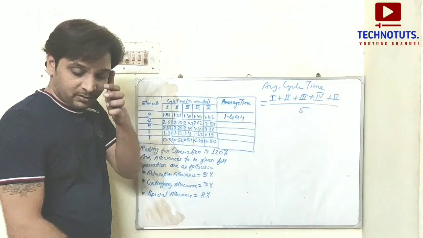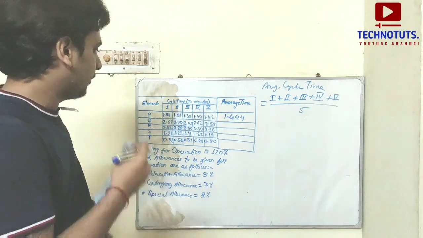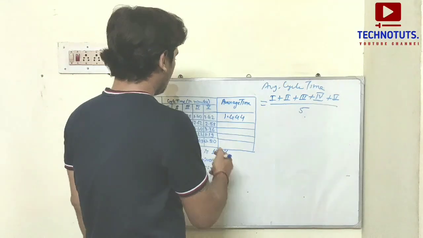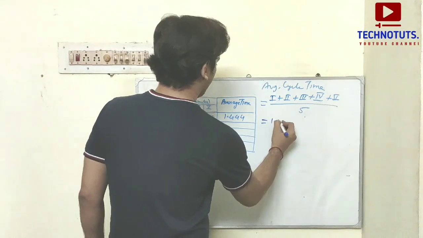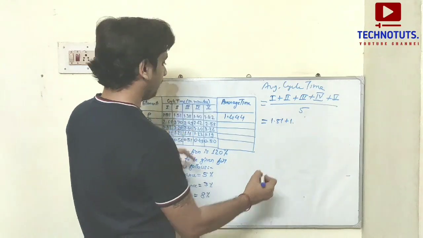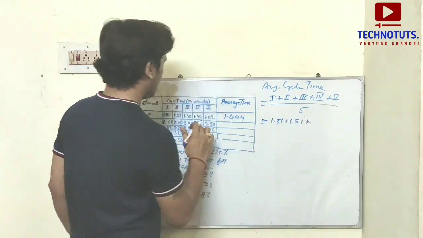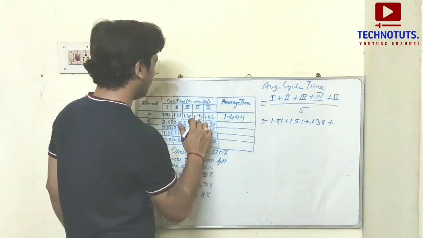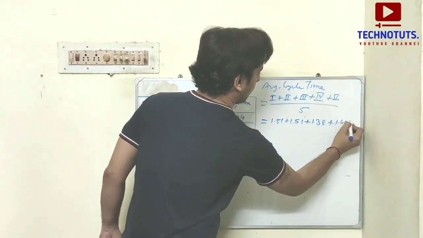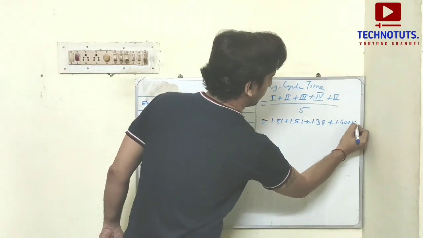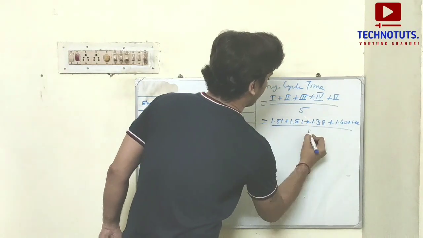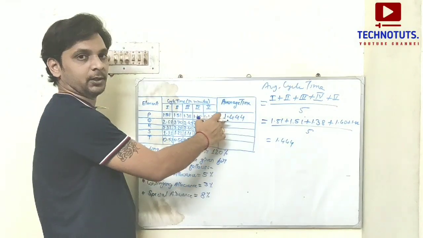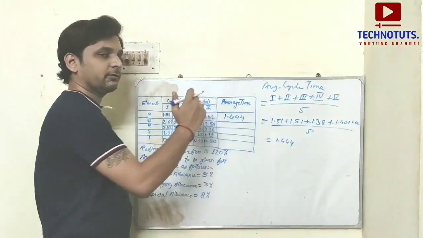So the average cycle time of element P is 1.444: 1.51 plus 1.51 plus third cycle time 1.38 plus fourth cycle time 1.40 and fifth cycle time 1.42, divided by 5, which is equal to 1.444. This value we will put over here.